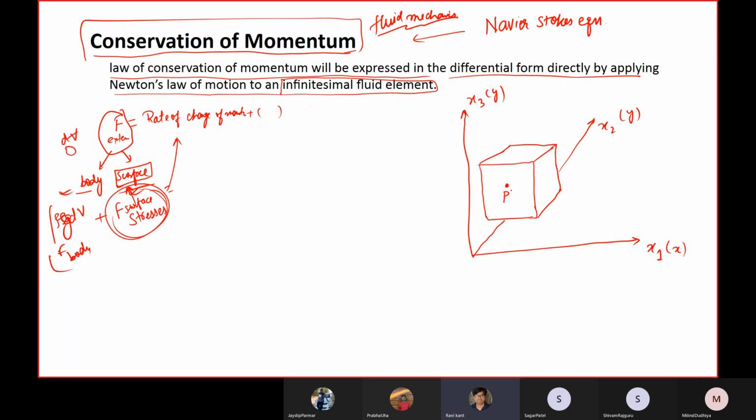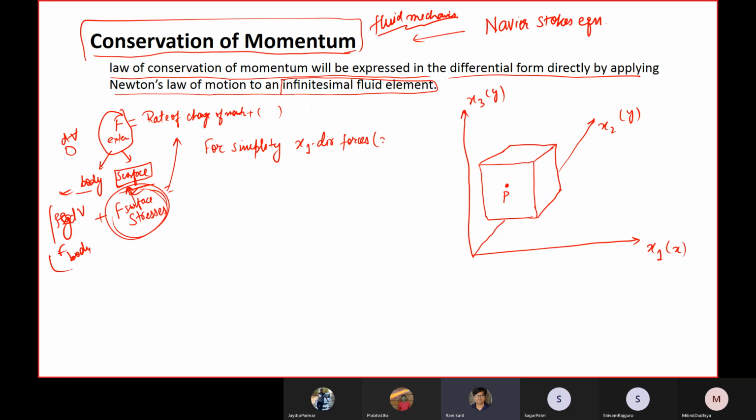Okay, now let me write those forces, or first the stresses. Let me write down the stresses in x direction. So for simplicity, I will write the x1 direction stresses or forces that are acting on this fluid element.